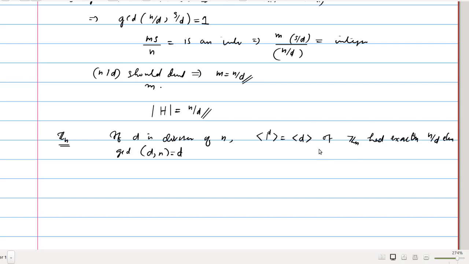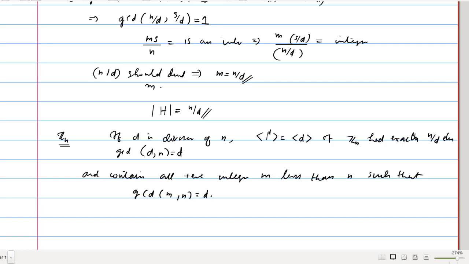And it contains all positive integers m less than n such that GCD of m comma n is equal to d.